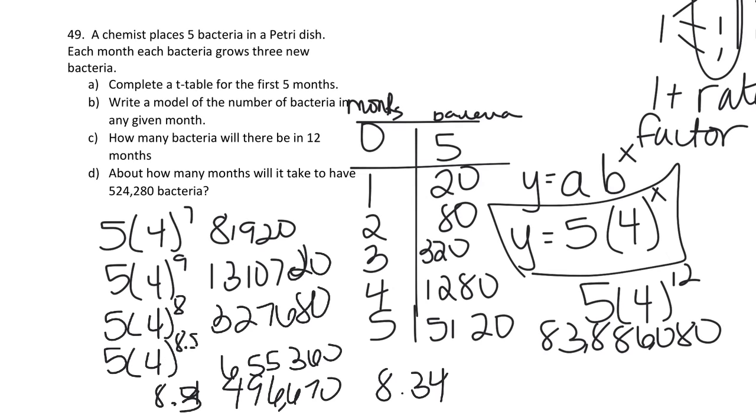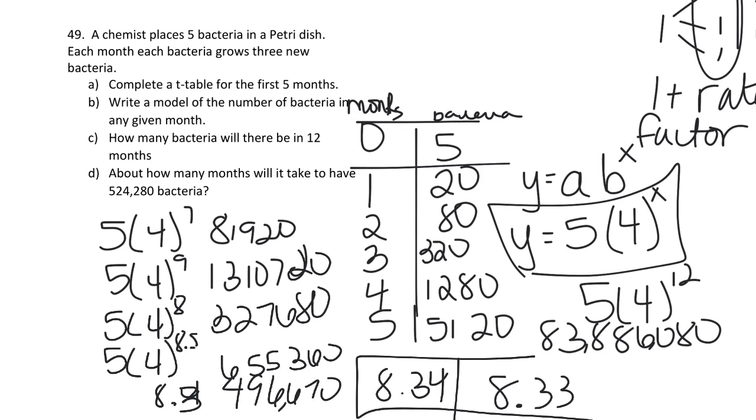So in my calculator, I'm going to change it to 8.34. And I got 524,989. So let's go to 8.33. That's under, so 8.34 is going to be your answer, because 8.33 is under it.